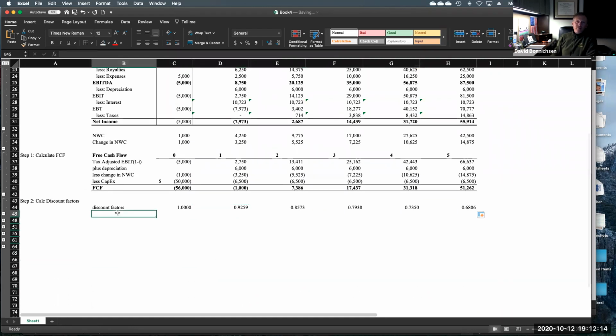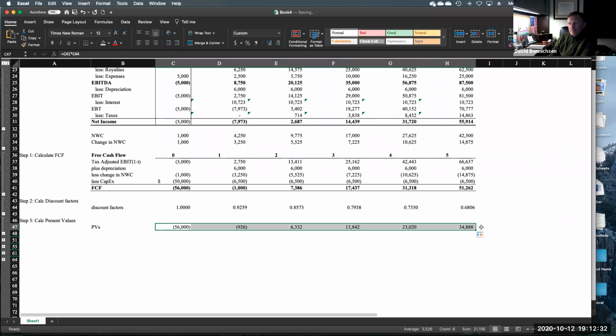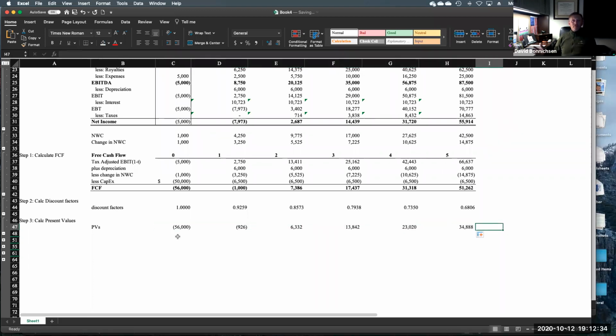Once we know the discount factors, now we can calculate the present value for each one of those time frames. So step 3 is to calculate the present values. Present value is the future value times the discount factor. You do that for each one of the 5 years, and we get the present values.